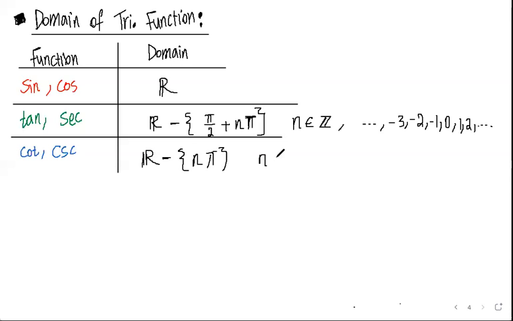And here n again belongs to Z. It can be 0 because 0 belongs to Z, so 0 times pi is 0. It could be pi, 2 pi, 3 pi, 4 pi. All these numbers I cannot plug inside the cotan. They give me undefined.